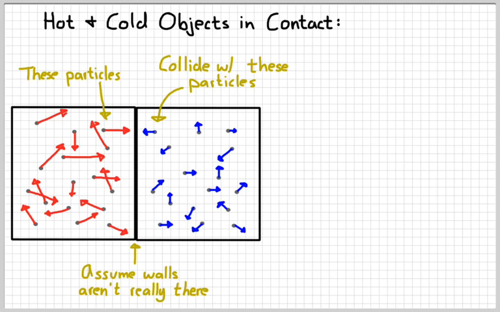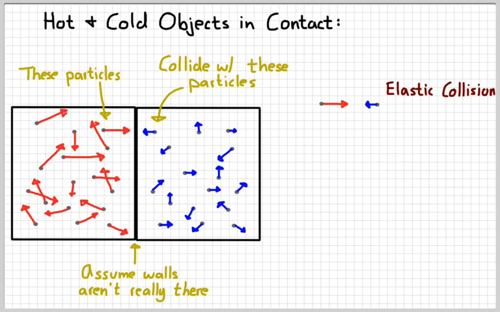What's going to happen is that these particles over here are going to collide and transfer energy with these particles over here. Now the particles within each sample are constantly colliding with each other, but remember, on average the velocity doesn't change. But when they collide with something that's outside of the sample, then the average velocity is going to change. So basically we've got two things that are colliding with each other elastically.